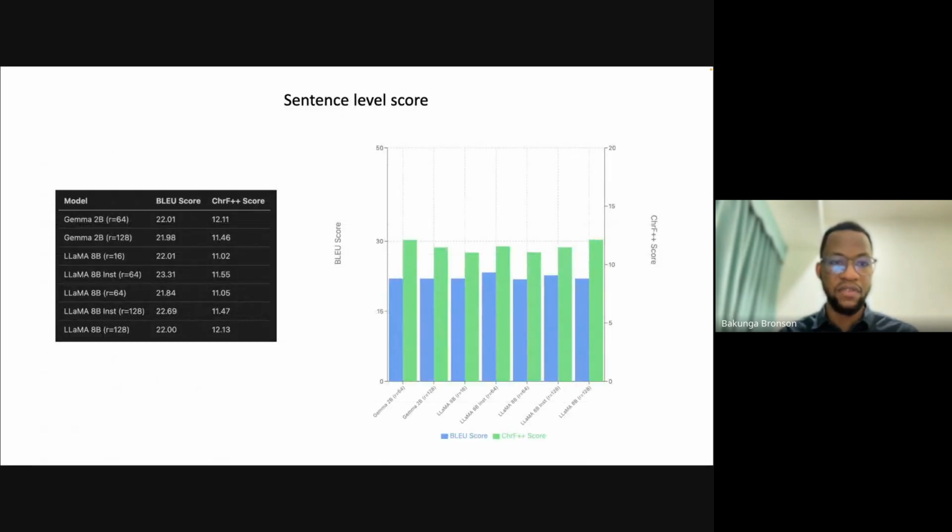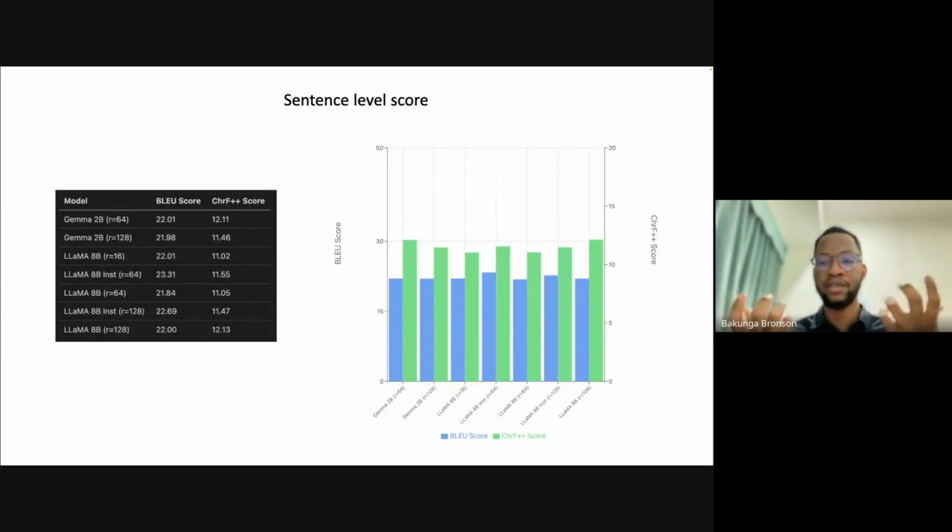Okay, so for the sentence level score, I had shown you the side which uses LLM as a judge. And why do we use LLM as a judge? It's because when you actually look at the different translations given by all of these different models that were fine-tuned, as much as the metrics are telling you that they seem close, some models seemed to outperform the others, even on just a sentence basis.